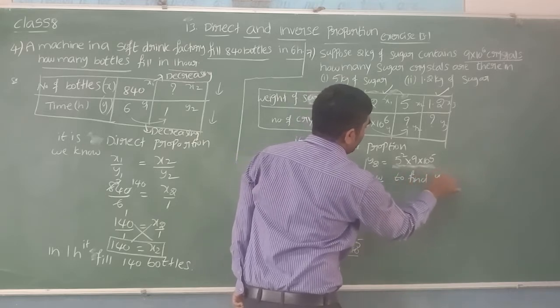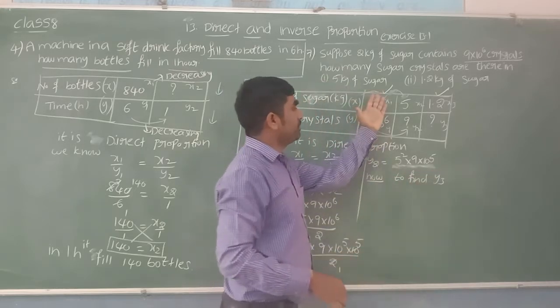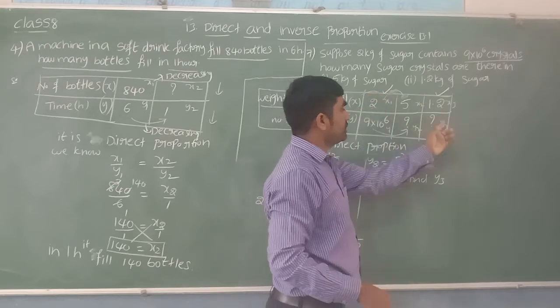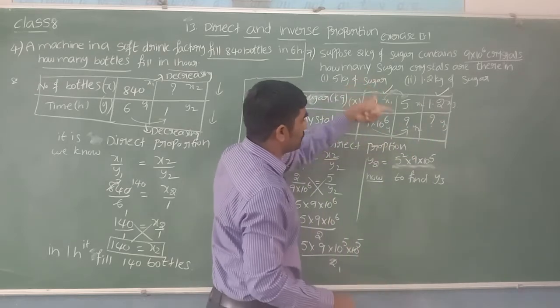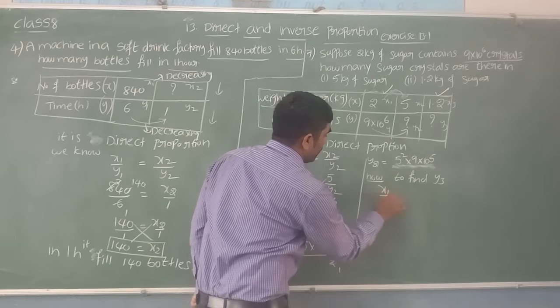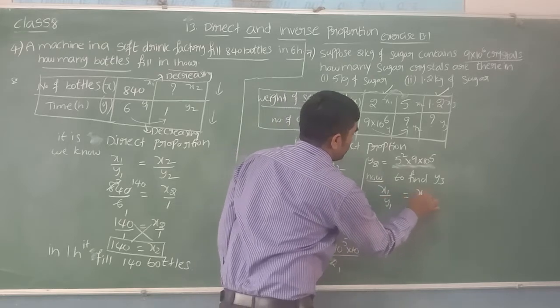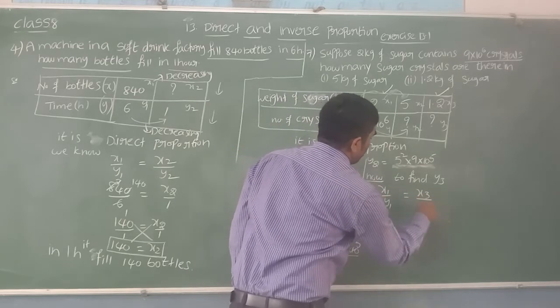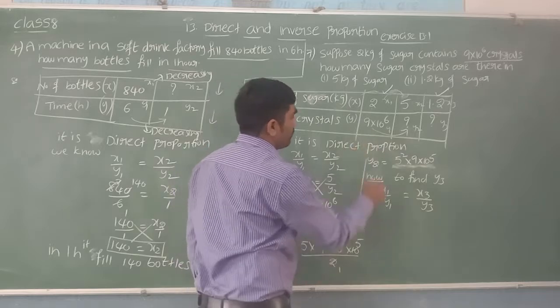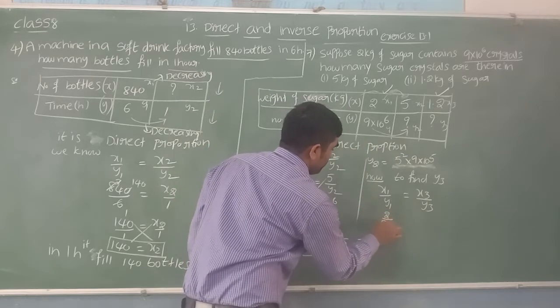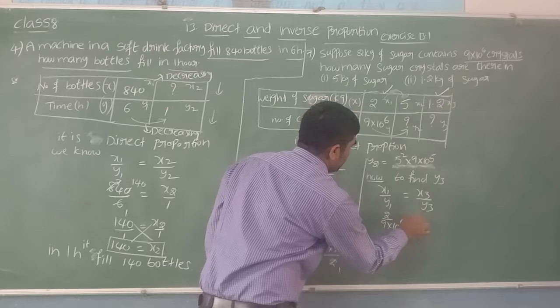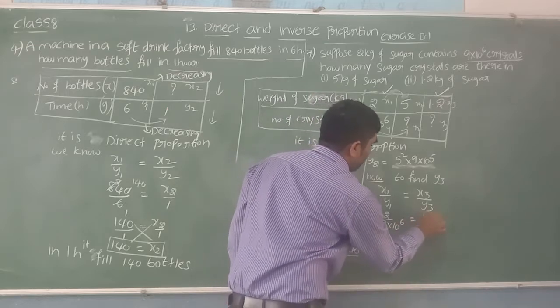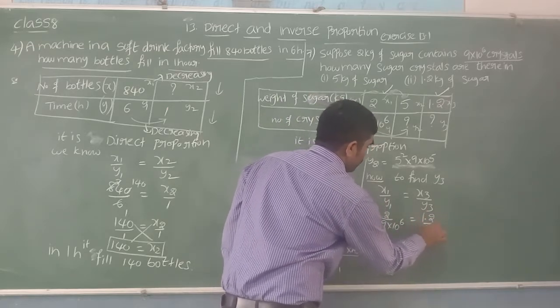To find y3, I am taking the help of these two known values. What is the ratio? x1 by y1 is equal to x3 by y3. So 2 by 9 into 10 power 6 is equal to x3, which is 1.2, by y3.